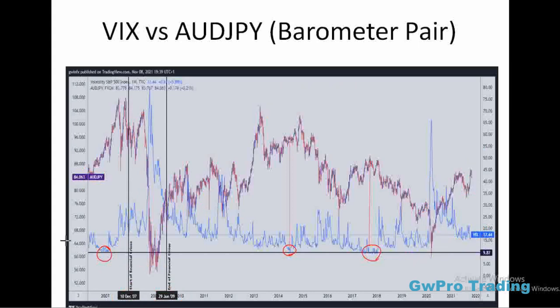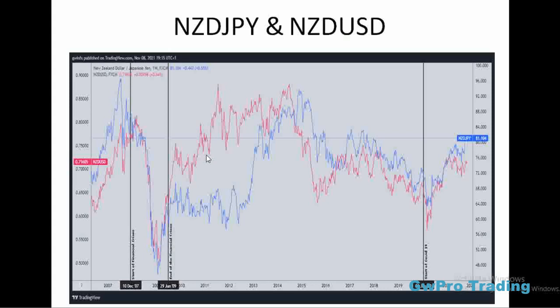All right, so let's look at a few more examples in order to understand this. This is the chart of the NZD/USD. December 2007 was the start of the crisis, and NZD was selling off, so it was more of risk off.